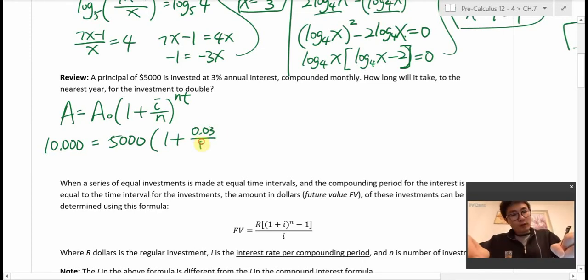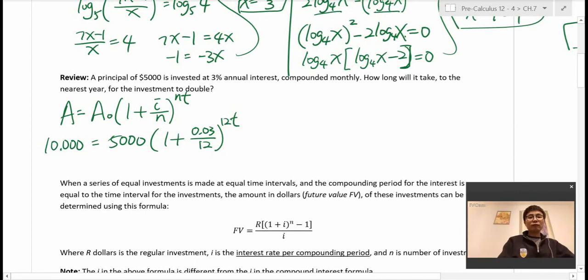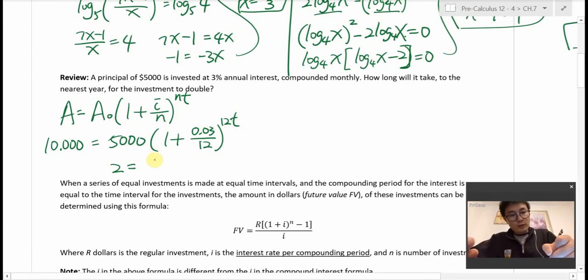This is compounded monthly, so divided by 12, to the power of 12 times t. Now you can see we can divide both sides by 5,000 first, so you should end up with 2 equals, and I'm going to put this into the calculator, 0.03 divided by 12 plus 1, so this is going to be 1.0025 to the power of 12t.